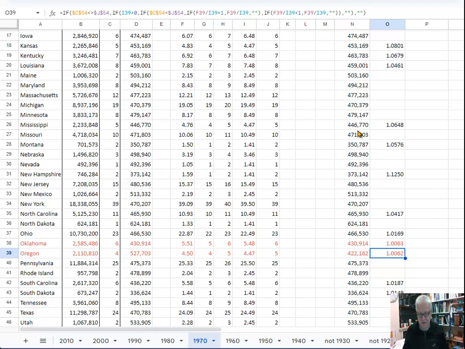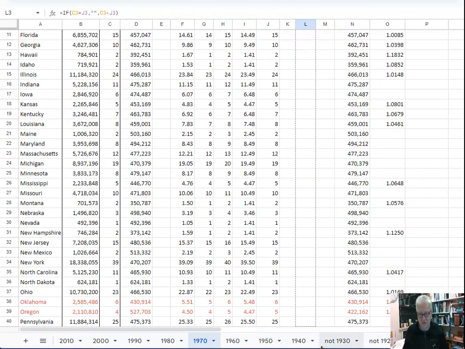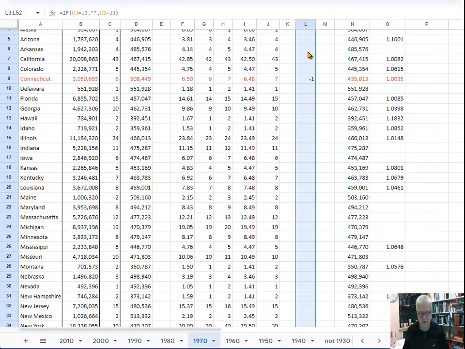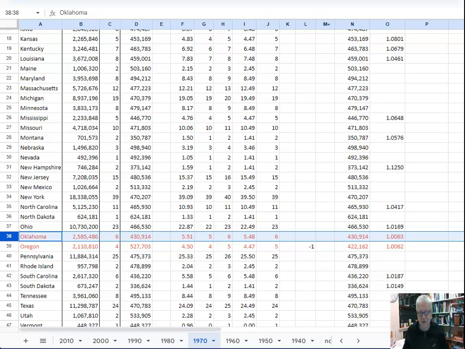So let's see. Pull this one down. Again, there is nothing there, but it actually does calculate for all 50. In fact, there are two negative ones. One is here for Connecticut, and the other one is here for Oregon, which means actually we don't need Oklahoma.